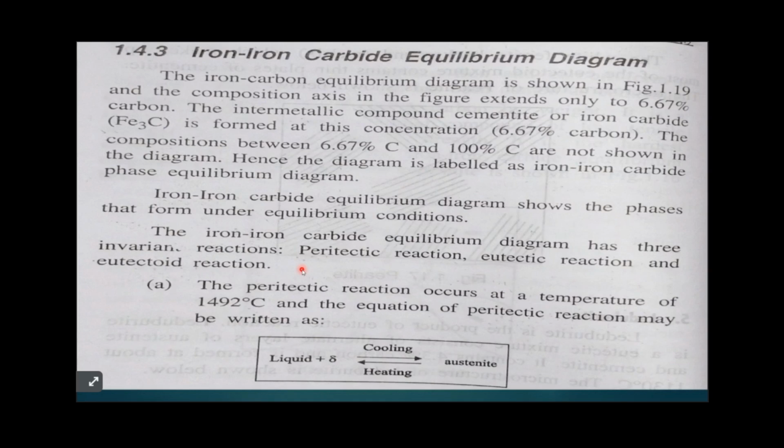So I hope that we now know about the iron carbon equilibrium diagram, and also what are all the different types of steels and cast irons when iron with different carbon percentages is heated and slowly cooled.